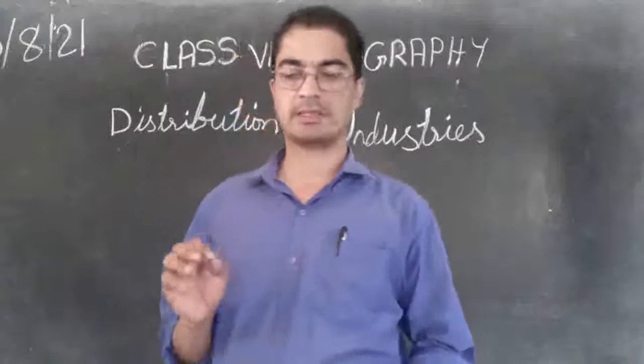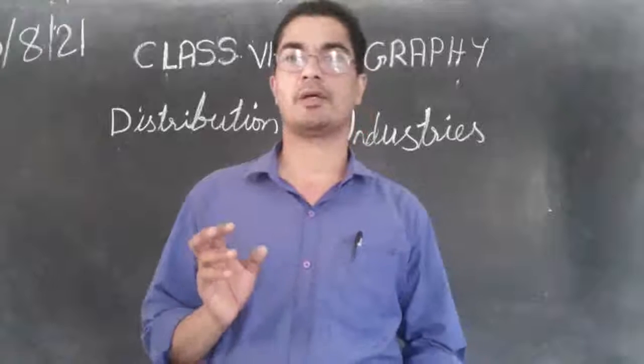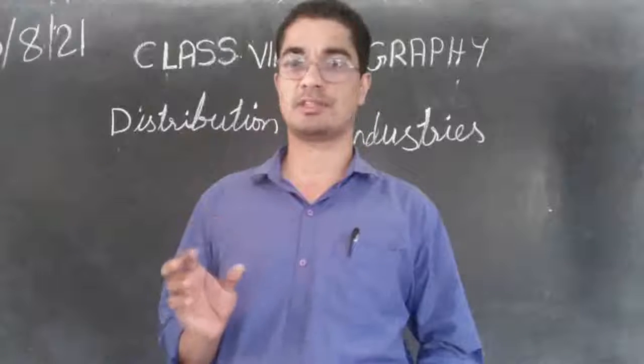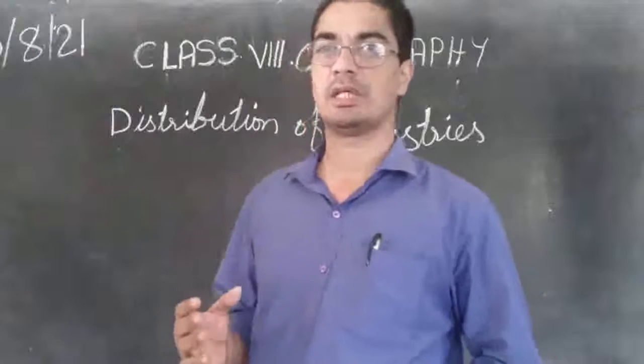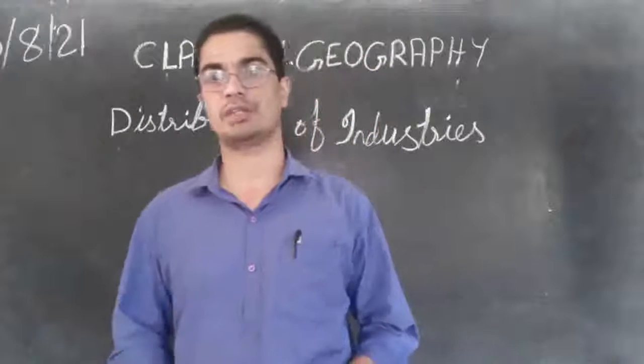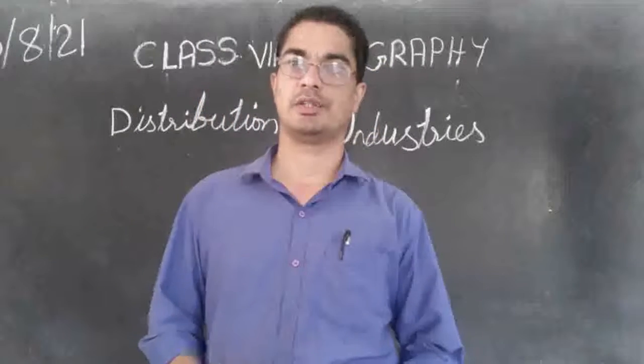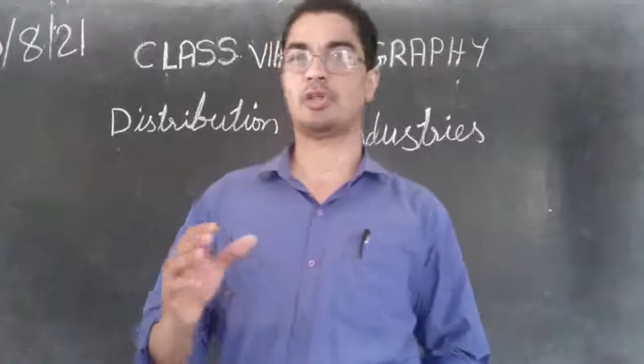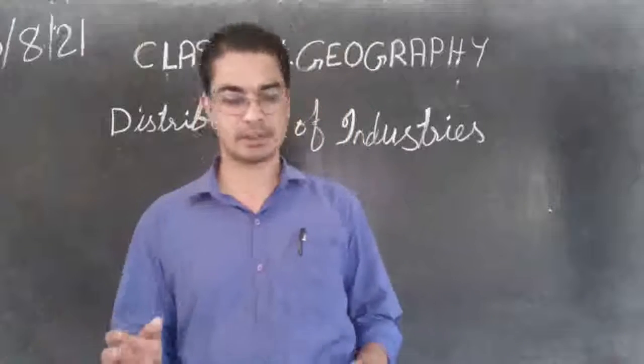And we suggested some 5 methods or 5 ways in order to reduce the risk from these industries, that there should be proper checking and people should not be nearby. All those things we studied.